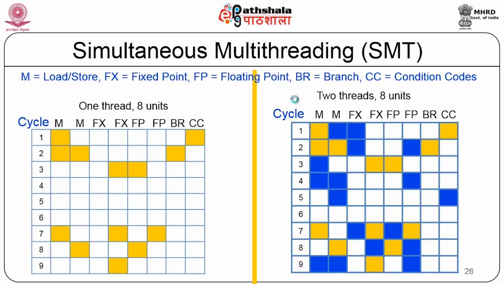When you look at simultaneous multithreading, shown on the right hand side, we are looking at the same functional units. The only difference is that we have 2 threads of execution. You can see that during the first clock cycle, both the yellow thread and the blue thread are being issued: 2 instructions of the yellow thread and 2 instructions of the blue thread in the first clock cycle.